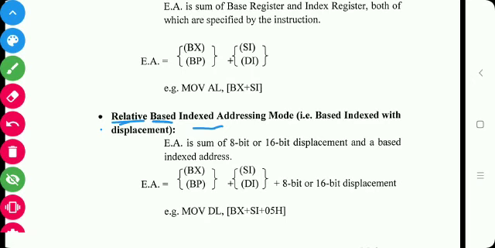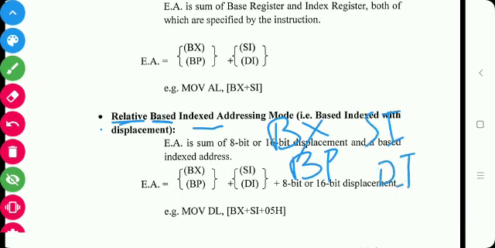The base register may be BX or BP, the index register may be SI or DI, and relative means the displacement field is of 8-bit or 16-bit. So this is the addition of three: base register, index register, and displacement.